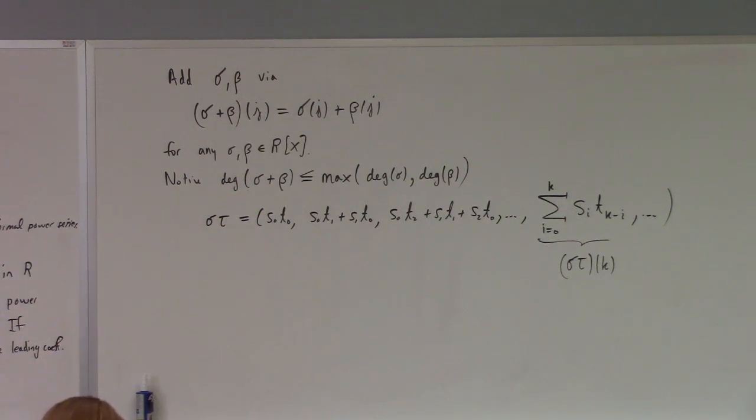And so at some point, the sum of S sub i T sub k minus i is just sampling from 0, because either the S or the T is 0 beyond a certain point. So at some point or another, all of those sums are 0. In other words, if you take the product of polynomials, you get a polynomial.